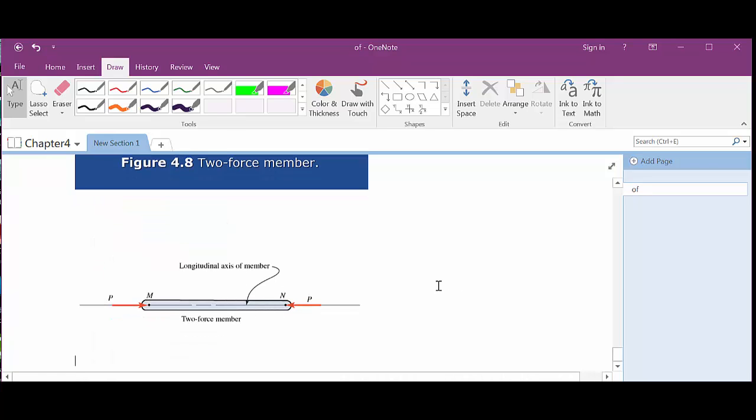All right, two-force member. And this is shown on page 67, equilibrium of concurrent force systems. So what's going on here? Well, not a whole lot. But what you can say about this is it's a longitudinal axis of the member, so you're going along here, and you've just got two forces pushing against each other, if you will.